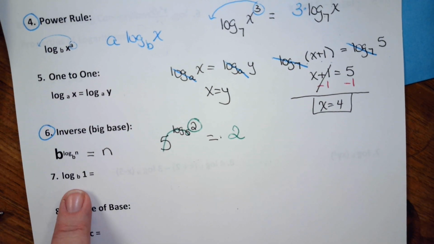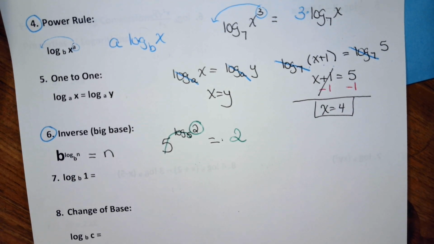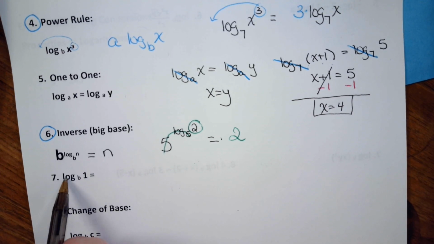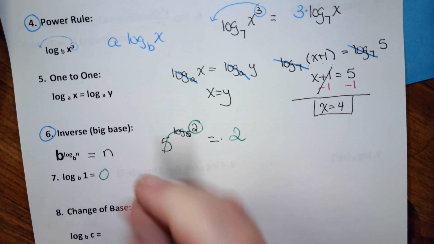Now this property right here, I've seen maybe once used, so it's not that significant, but it's still a property. This says if you have the log base b, so the base can be anything, and if your constant is 1, it's always going to equal 0.